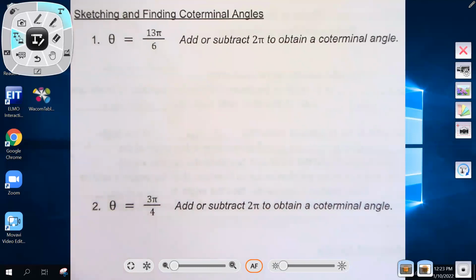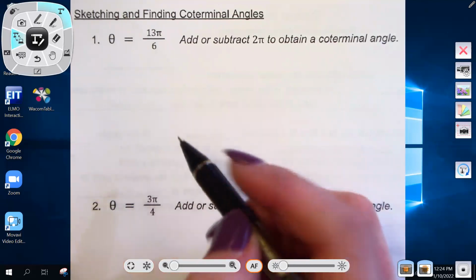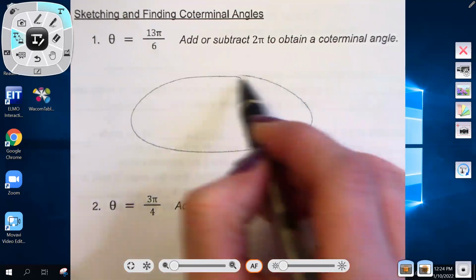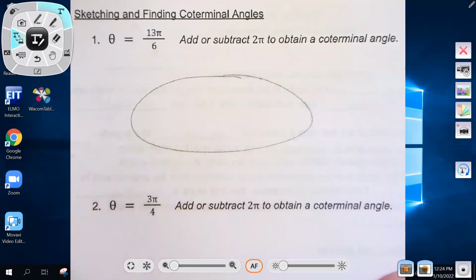Okay, let me take a second to explain coterminal angles. You don't have to write this, just pay attention. If I were to have a track, this is a track around a football field.